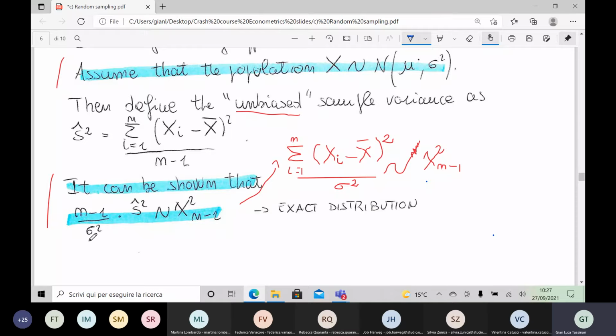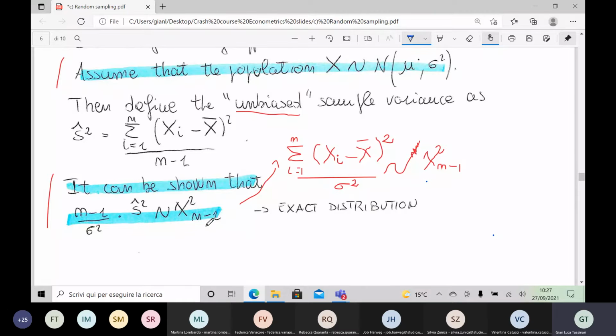It is possible to show, and I avoid doing the proof because it is a little bit longer, not difficult, that by assuming that the population is normal, the distribution of this random variable is a chi-square with n minus 1 degrees of freedom. So this is also another very important result.